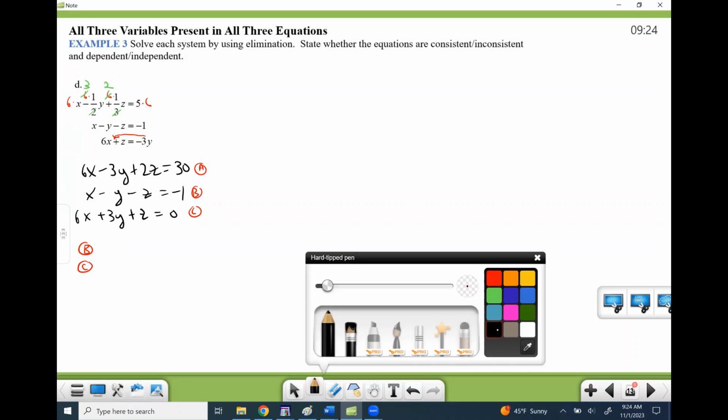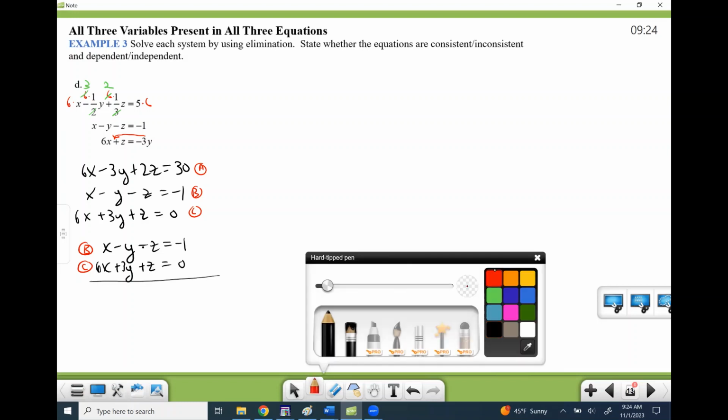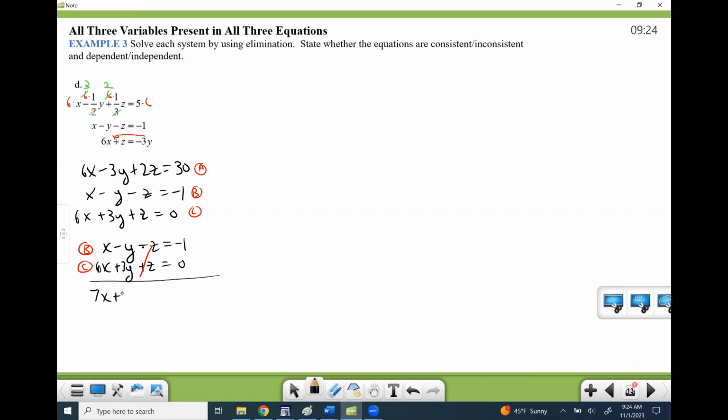I mean, they're already ready to go. Okay, so if we add downward, the z's cancel. We get 7x plus 2y equals negative 1 for our equation D.